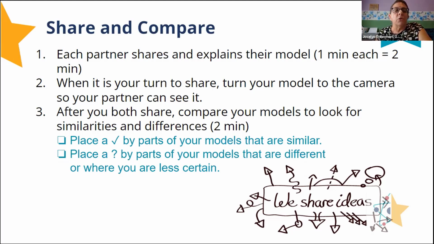After you both share, then you want to compare your models and look for the similarities and differences. So when you see similarities in both of your models, on your own model, put a check mark by that spot or that aspect of it. If you see differences or things that you're not quite sure of, then you can put a question mark next to it. And we'll talk about these similarities and differences when you return from your breakout rooms.